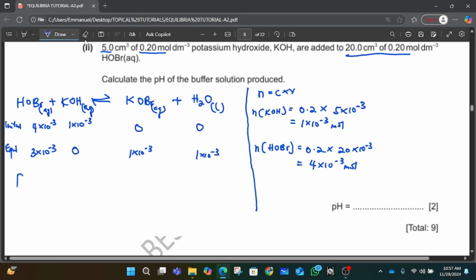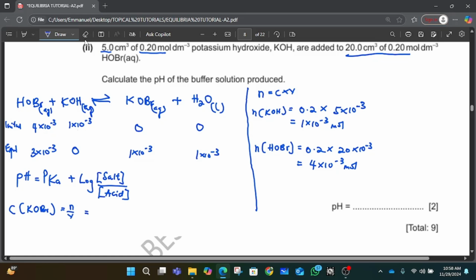Now we know that the pH of a buffer is given as pKa plus log concentration of the salt divided by concentration of the acid. So now we need to find the concentration of both the acid and the salt in this final solution. So concentration is equal to amount over volume.